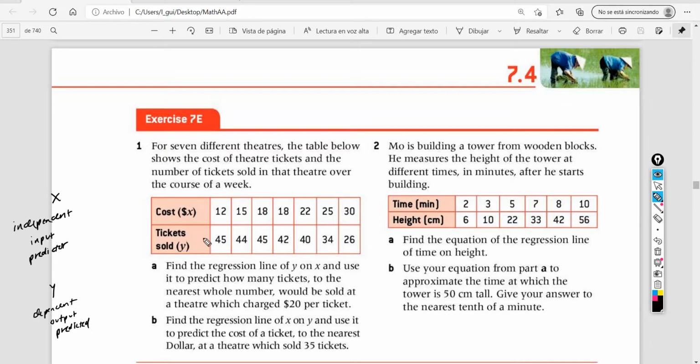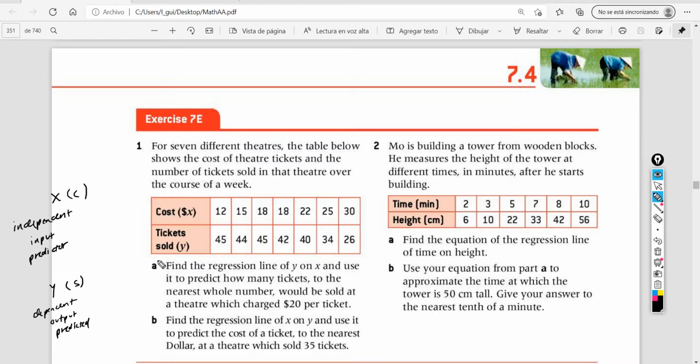In the meantime, what is the x? X is the cost. What is y? Is the sold tickets. I'm gonna write s. Remember, the TI only understands x and y. It doesn't understand any other variable, really. So just bear that in mind.